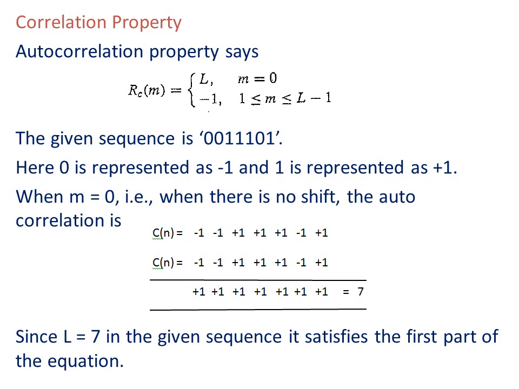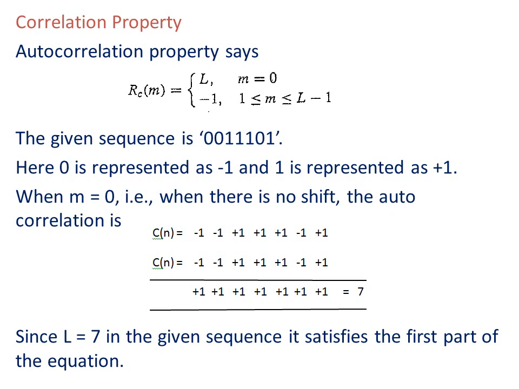Now let us check the correlation property. The autocorrelation property says RC of M is equal to L when M is equal to 0, that means no shift, and it is equal to minus 1 when M lies in between 1 to L minus 1, that means other than 0. The given sequence is 0011101. The sequence length is 7, so L is equal to 7 here. Here 0 should be represented as minus 1, and 1 should be represented as plus 1.